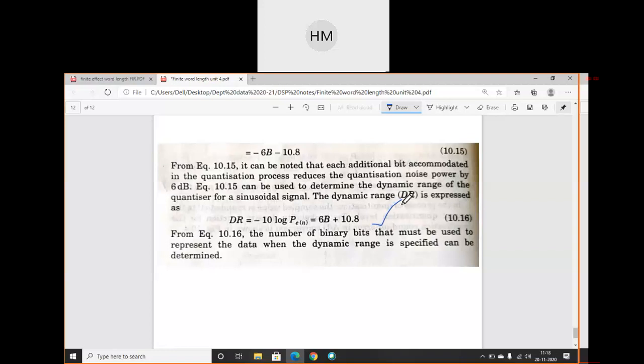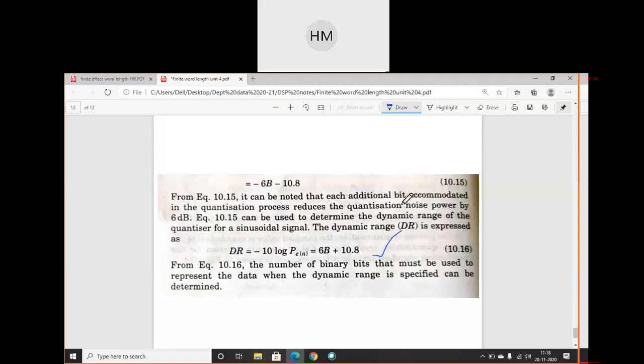But the processor is one only. We don't have different processors to get different input frequencies. We have a single processor, and that single processor is working on multi-rate, on different frequency ranges. Clear, students? So multi-rate DSP is very important in broadcasting of different signals.